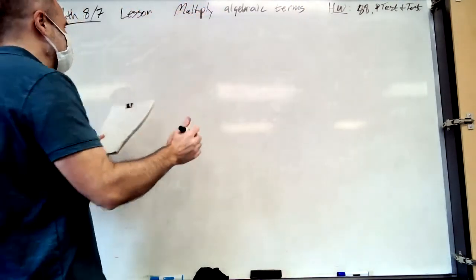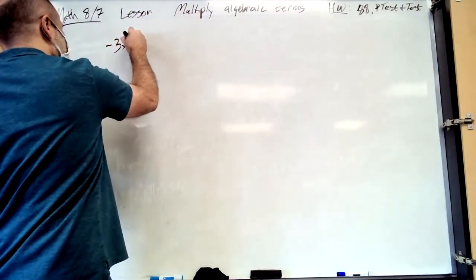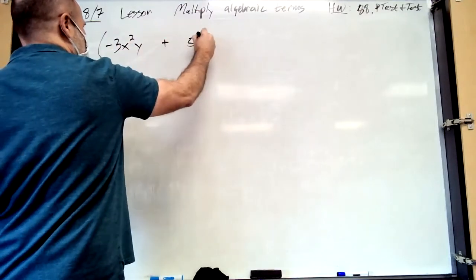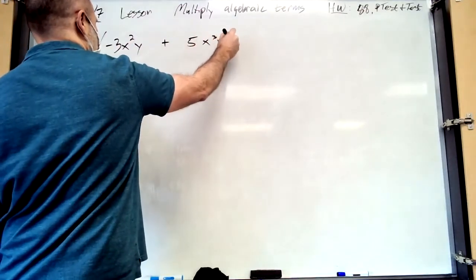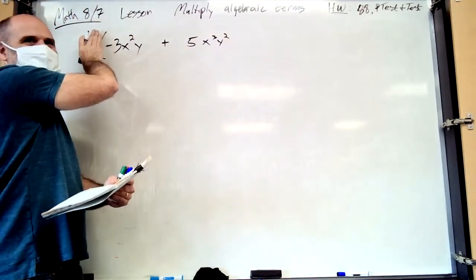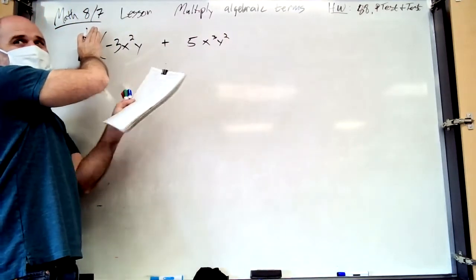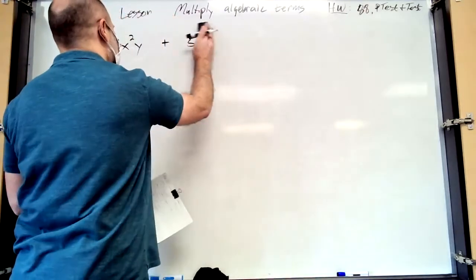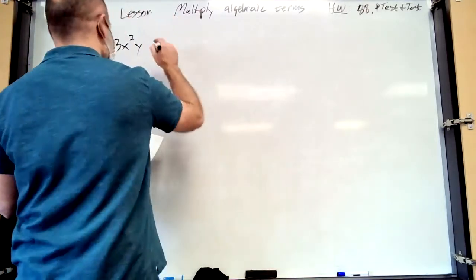So for example, this is a term. If I added it to 5x cubed y squared, this is 2 terms, and you can't add these together because they're not like terms. So what we're going to do is multiply terms together.